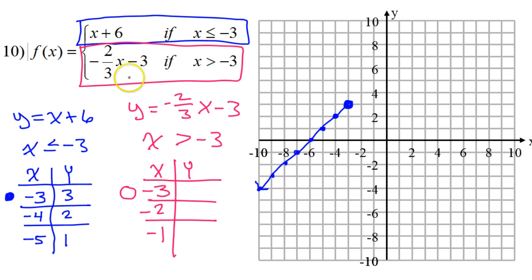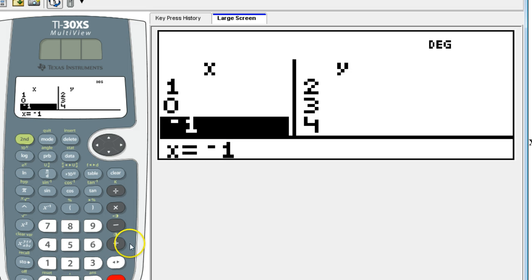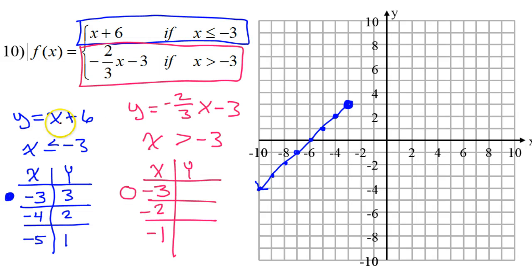Again, we're starting at -3. Now this has a fraction in it, so should I use my calculator? Well, I might as well show you how you could use your calculator. I could have used a calculator for the first one, but it was so simple there's no reason to.